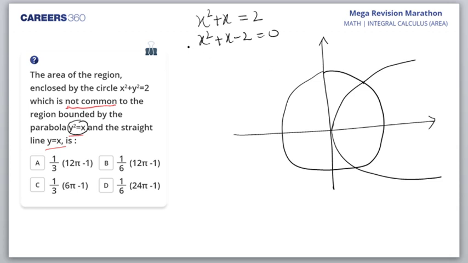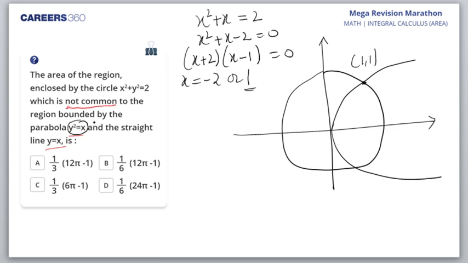So that's what I'm interested in. So that would be x plus 2, x minus 1. So what do I get? x equal to minus 2 or 1. So I realize minus 2 is not intersecting, so this is not of concern to me. 1 is there. So this point is x equal to 1. So y here would be 1 only. So this point is 1 comma 1.